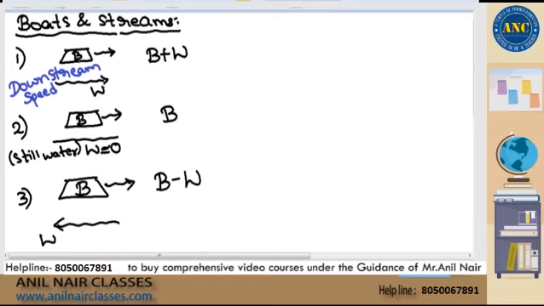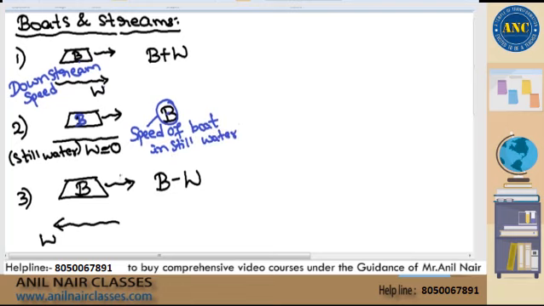If only the boat is moving in still water, such kind of speed is called B. B is nothing but the speed of the boat in still water.